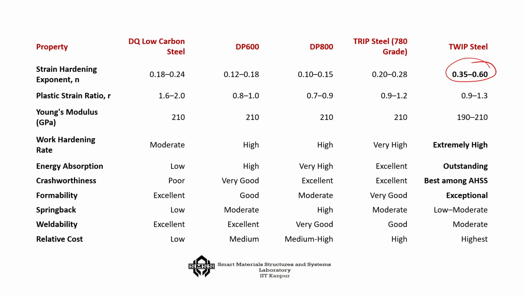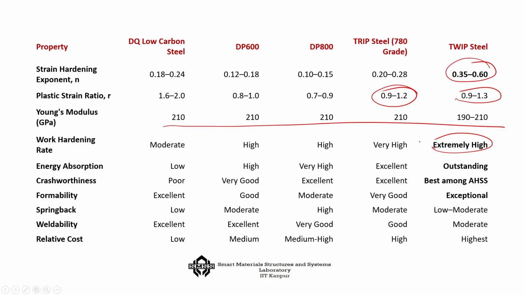Plastic strain ratio is also good, and TRIP is also good, so they are not going to fail during the drawing process. Young's modulus wise, there is hardly any change, that is the good part of it. Work hardening rate is extremely high for TWIP, and so is energy absorption, crashworthiness and formability. However, in terms of springback, DP 800 is good.